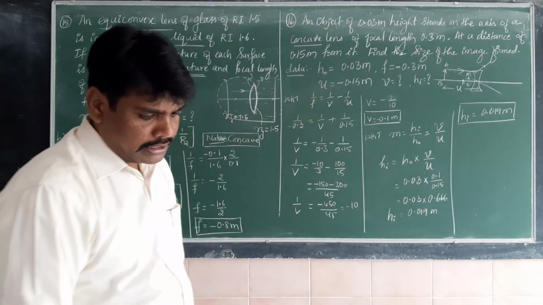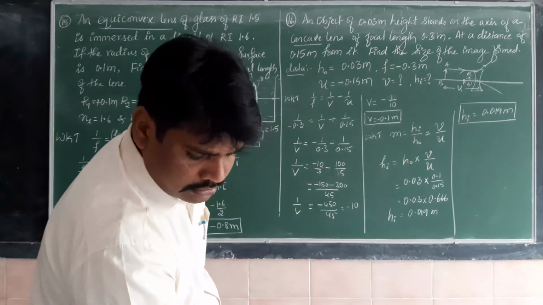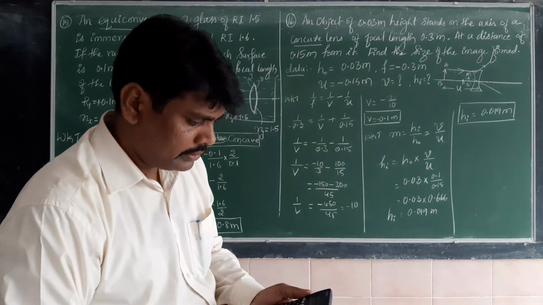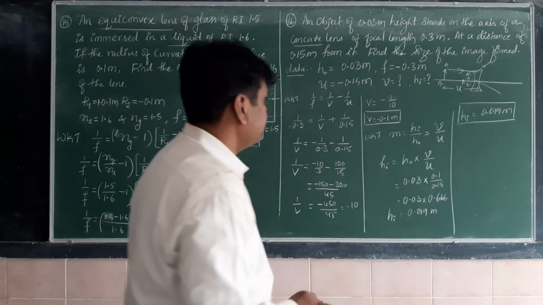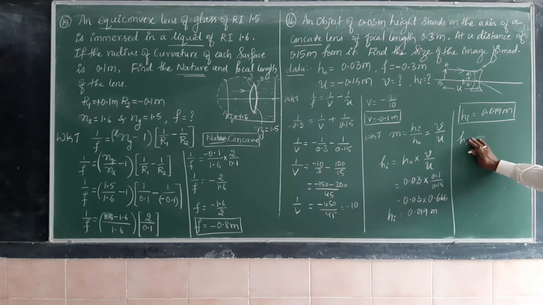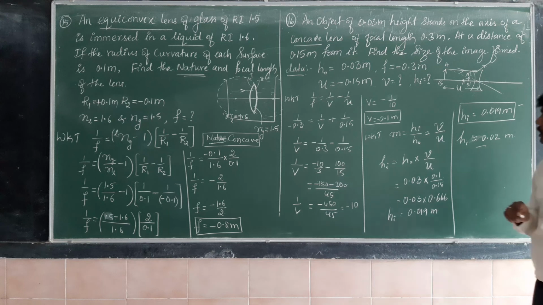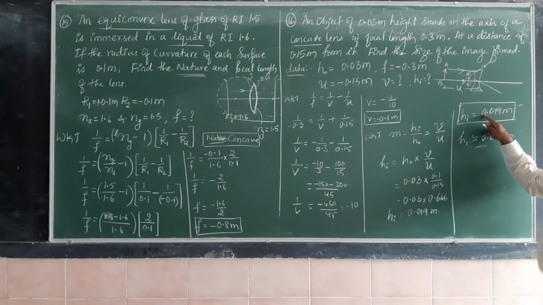It is approximately 0.02 meter, since 0.019 is almost 0.02. Or you can keep this one only, no problem. So this is the answer. The height of the image is 0.019.